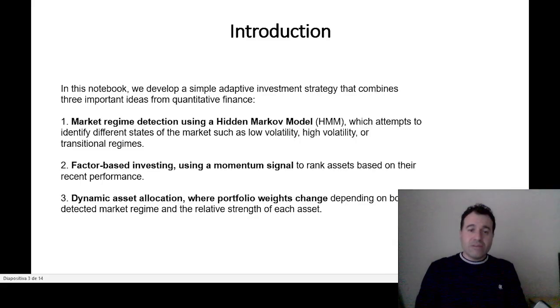Factor-based investing, using a momentum signal to rank assets based on their recent performance. 3. Dynamic asset allocation, where portfolio weights change depending on both the detected market regime and the relative strength of each asset.